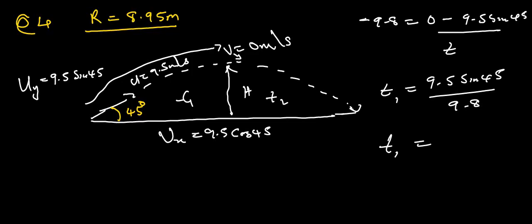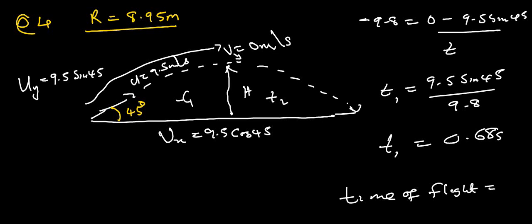So T1 gave you 0.68. Then you multiply this by 2. It gives 1.37.